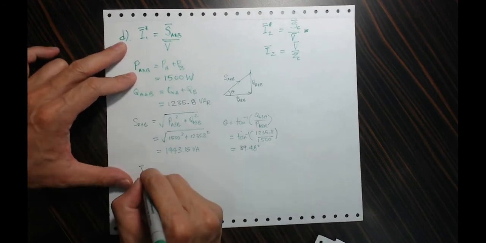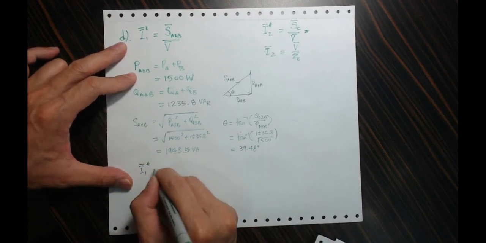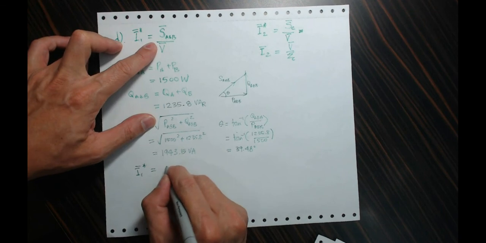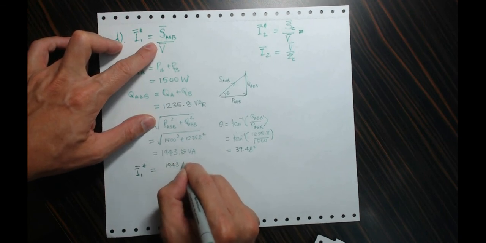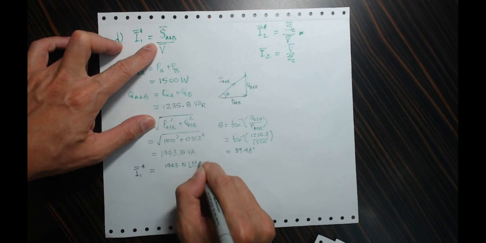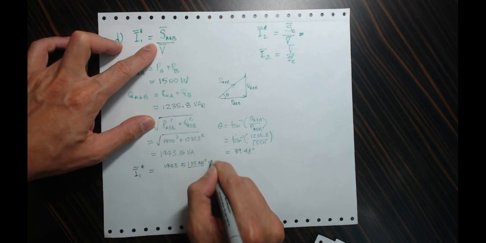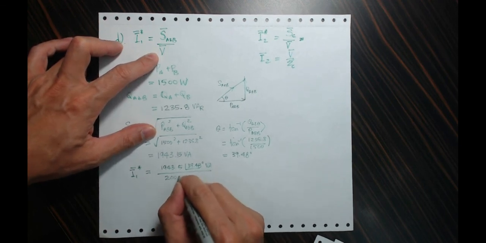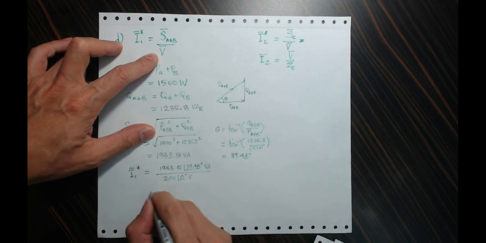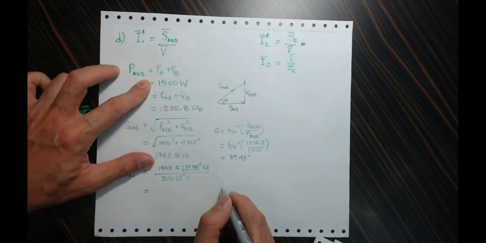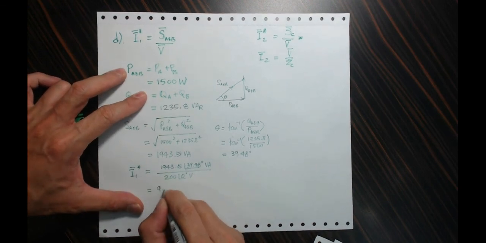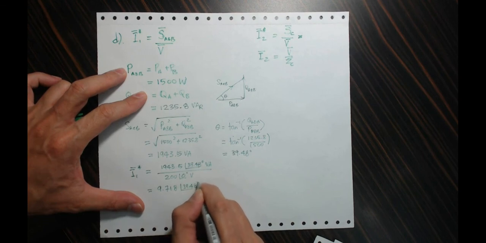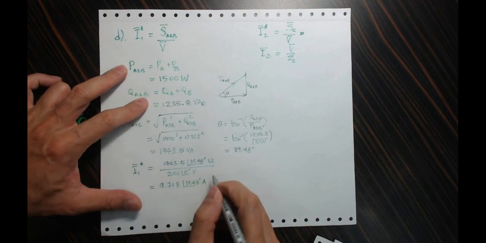Okay, so now the current I1 conjugate. Conjugate, remember, is the mirror image. It's just SAB, which is 1943.5 VA with an angle of 39.48 degrees, divided by the voltage. Voltage is 200 angle 0 V. So that will give me 9.718 at an angle of 39.48 degrees ampere.